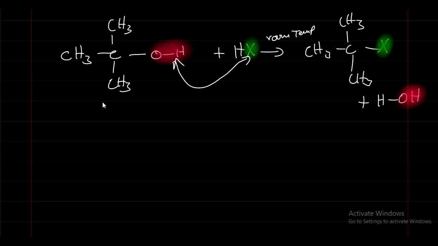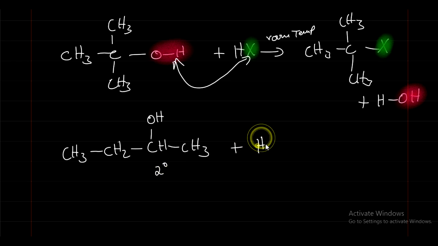And then let's have a secondary and a tertiary. So if I have this CH2, CH, and then here I have an OH, then CH3. This is a secondary alcohol, so plus HCl.